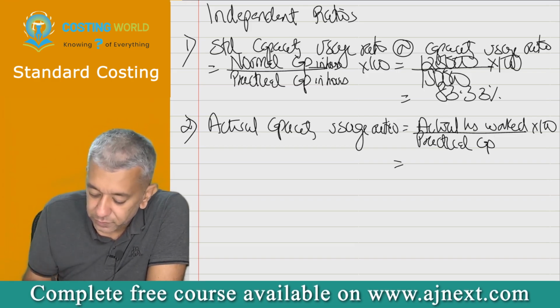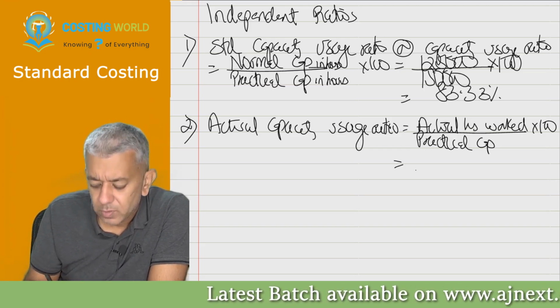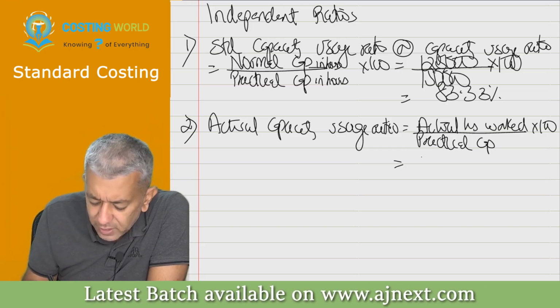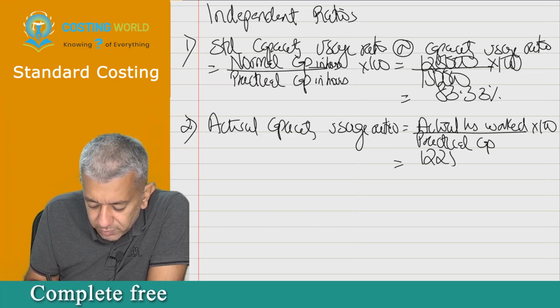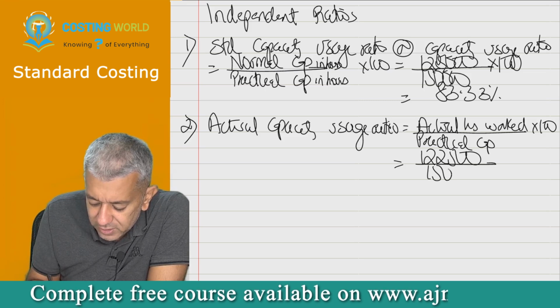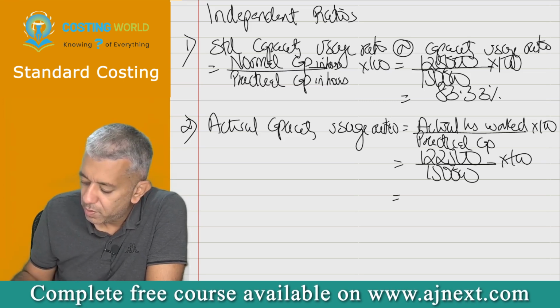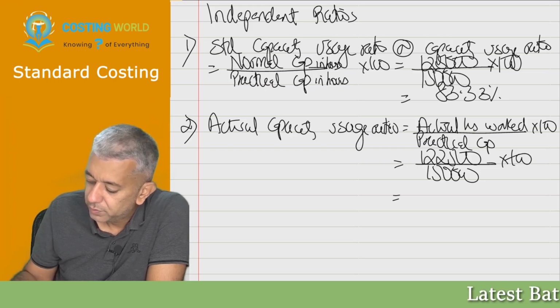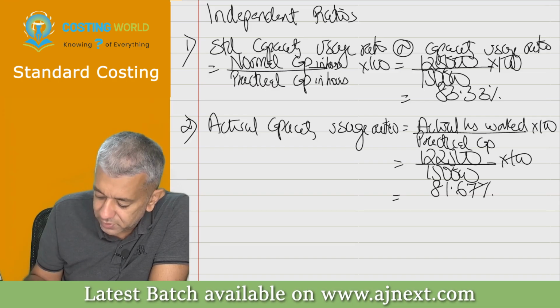Now, actual hours worked. Tell me the number. 122,500. Practical capacity 1,50,000 into 100. That is 81.67%.